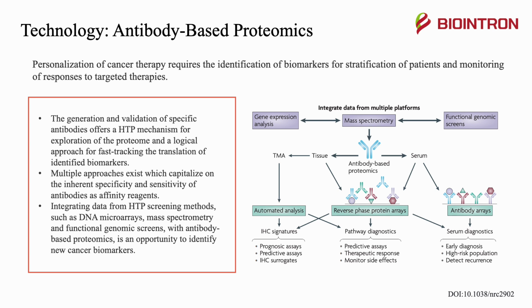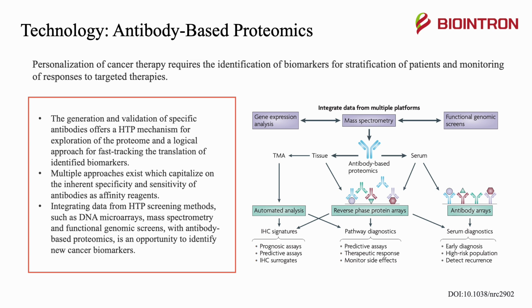Another example of using antibodies is through antibody-based proteomics. Personalization of cancer therapy requires the identification of biomarkers for stratification of patients and monitoring of responses to targeted therapies. The generation and validation of specific antibodies offers a high-throughput mechanism for exploration of the proteome and a logical approach for fast-tracking the translation of identified biomarkers.